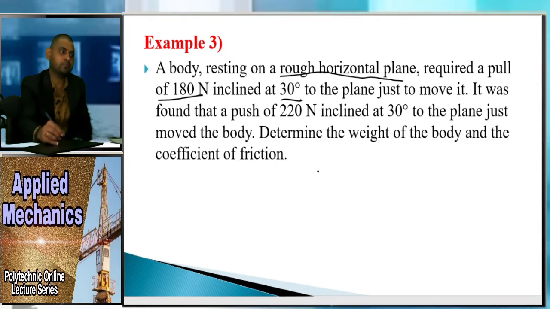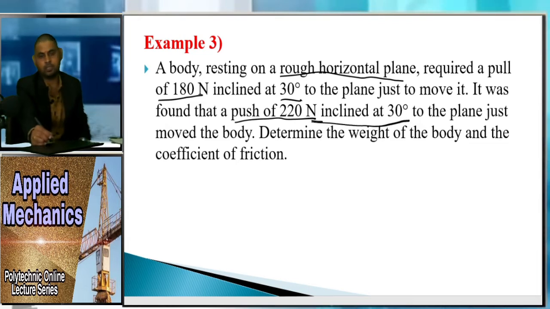It was found that a push of 220 Newton, inclined at 30 degrees, is required. So both forces are given at the same angle, but the forces are different. One is the pull and the second one is the push, right? To just move the body, determine the weight of the body and the coefficient of friction.